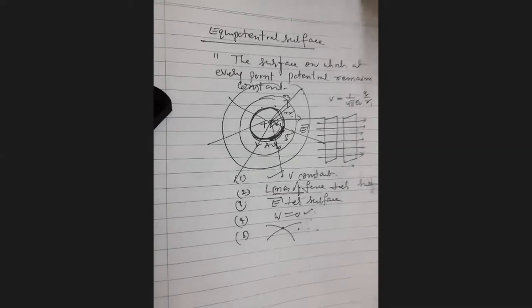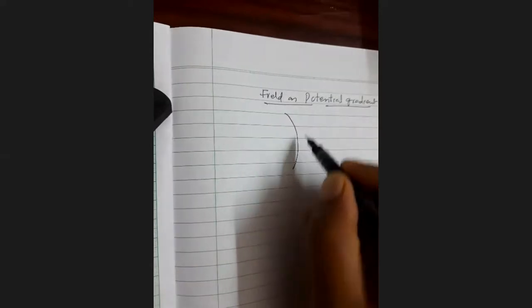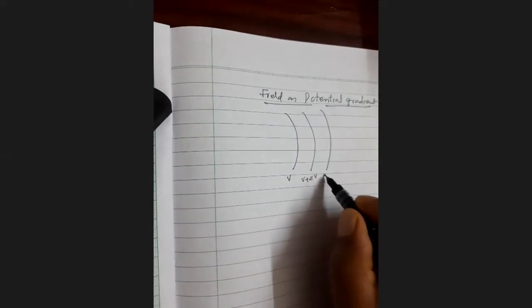So, the next topic we are going to discuss is the field as potential gradient, electric field strength as potential gradient. This relation we have to establish. For that, in an electric field, consider equipotential surfaces having the potential V, V plus delta V, V plus 2 delta V respectively. On the first surface, A is the point, and there I am keeping the test charge Q0.